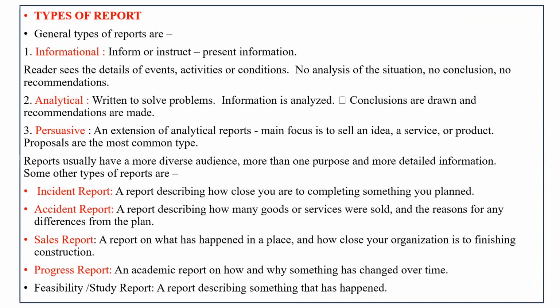The name itself indicates that it is the report which gives a lot of information, or presents information, where the reader will see whatever information is available in the events, activities, or conditions in which the research has been done, and no analysis of the situation, no conclusion, no recommendations you need to write in that informational report. So only you are going to describe the events, activities, or conditions.